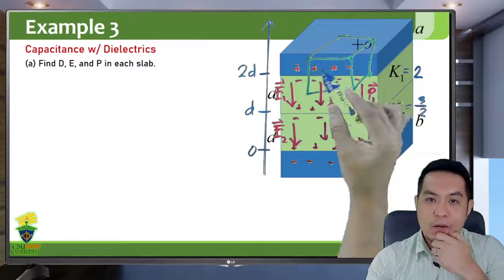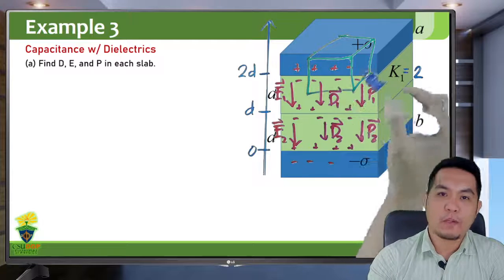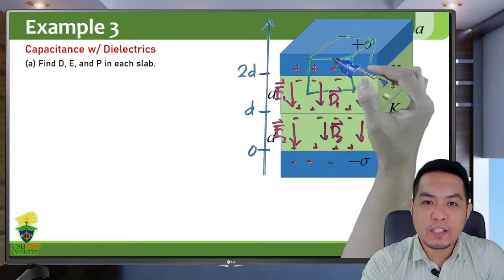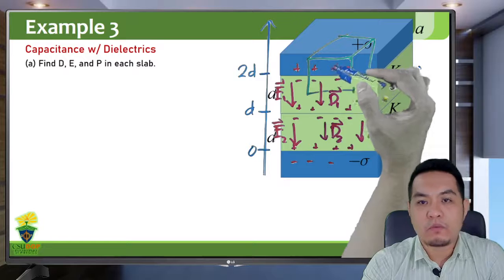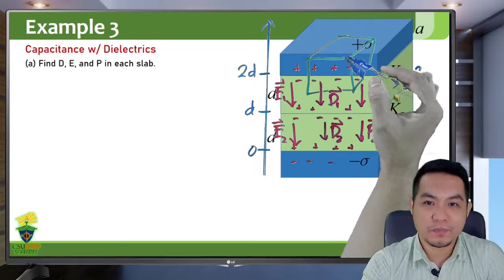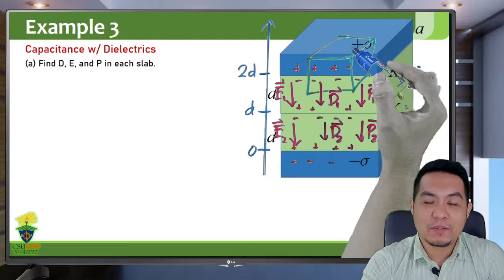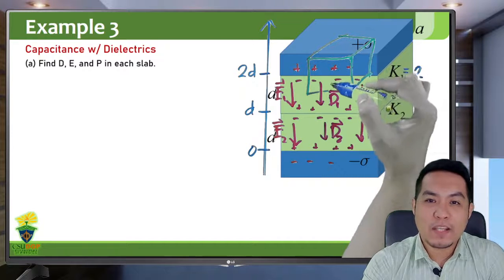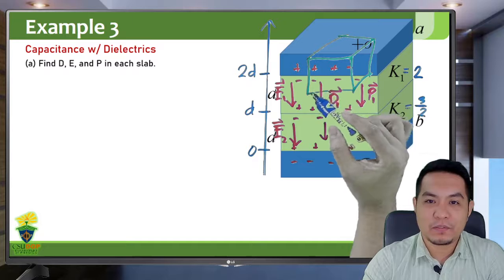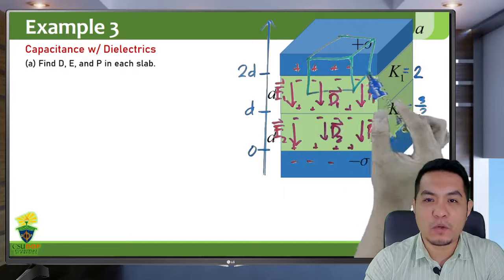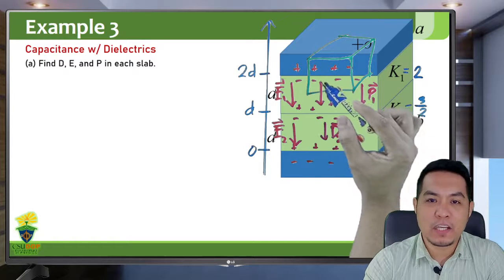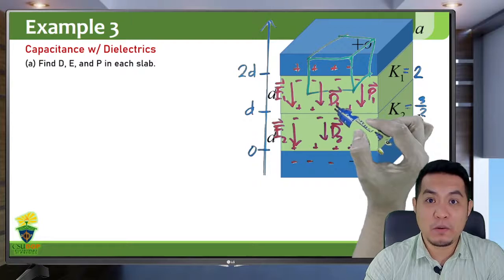So this is our Gaussian surface now. If you notice, we are using a cube here. Now, a cube has 6 sides, and only one surface will contribute, this lower surface here, where the displacement is D1.